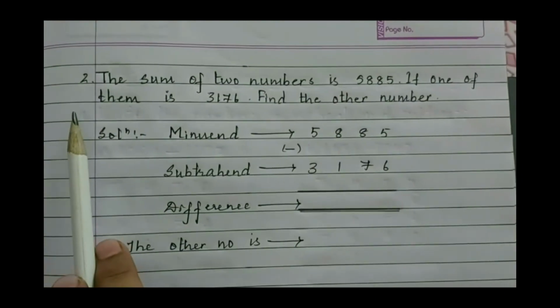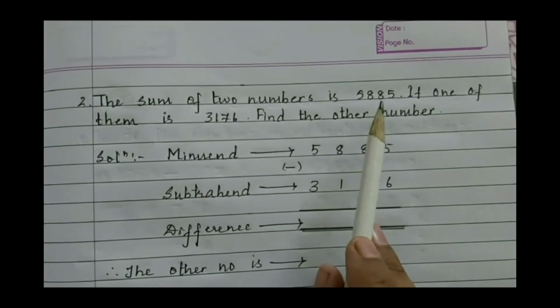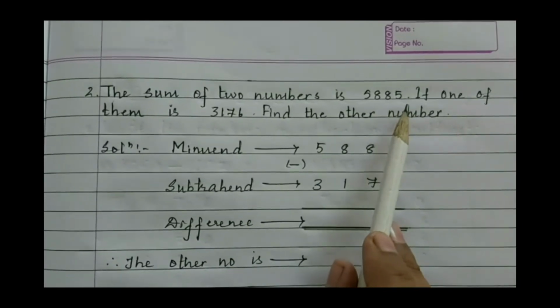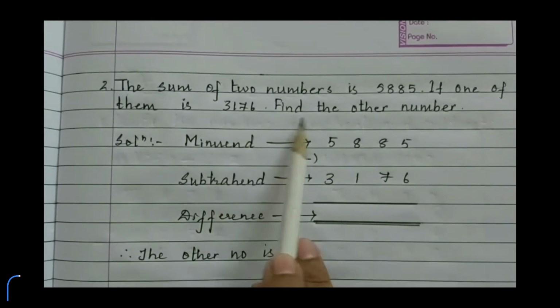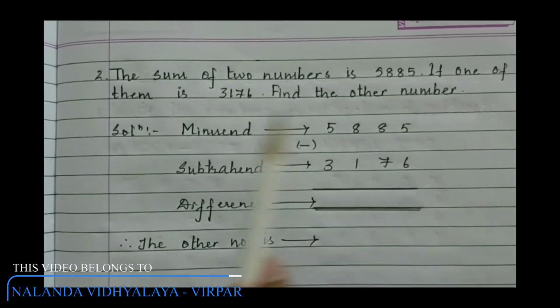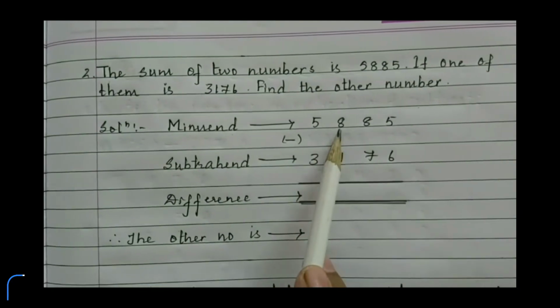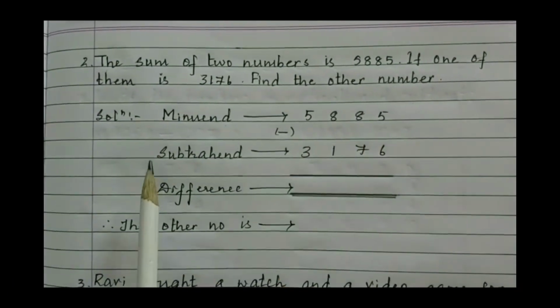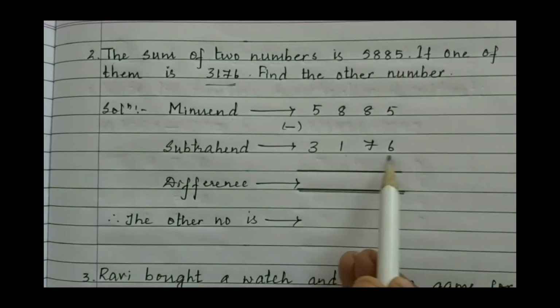The question number 2 is word problem. The sum of two numbers is 5885. If one of them is 3176, find the other. So let us take minuend, the greater one, that is 5885 minus subtrahend, that is 3176.